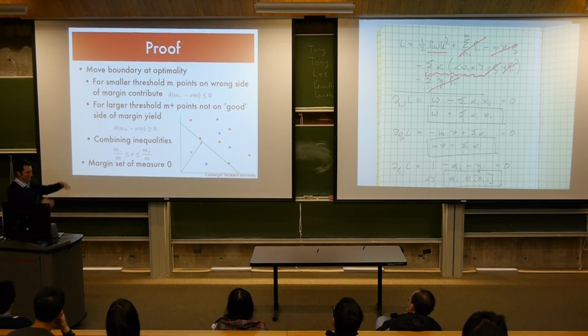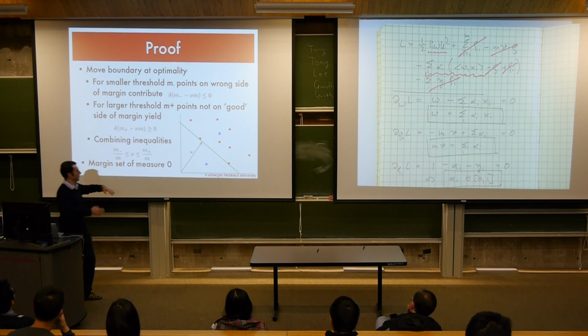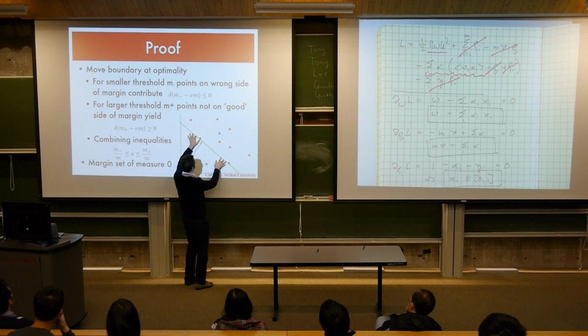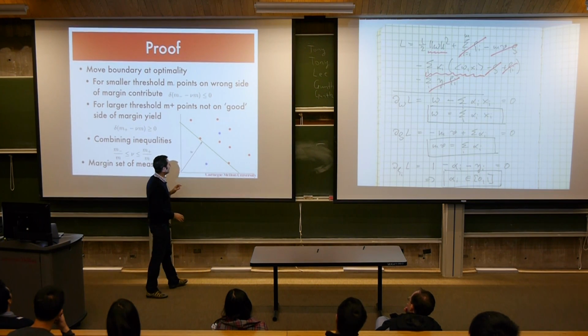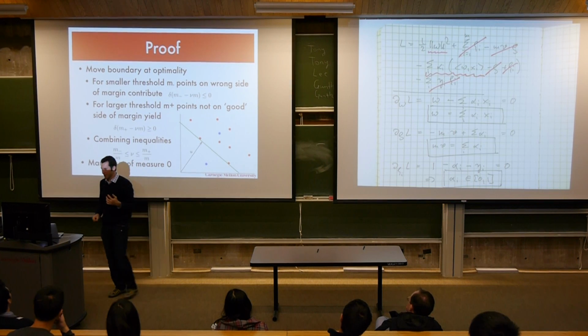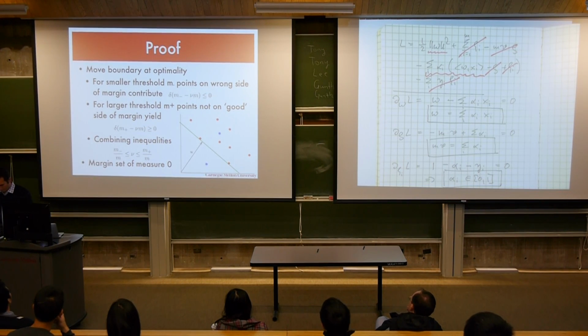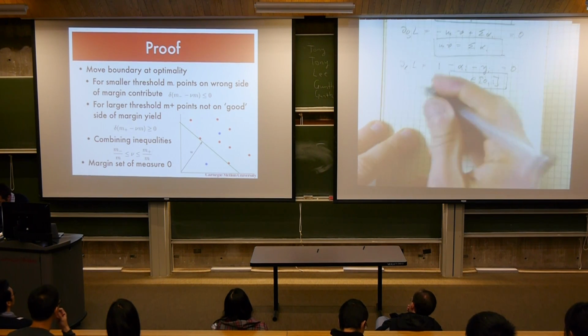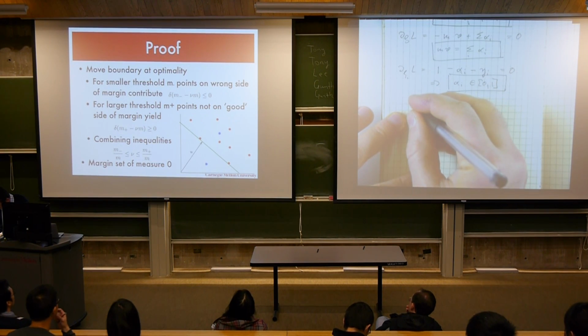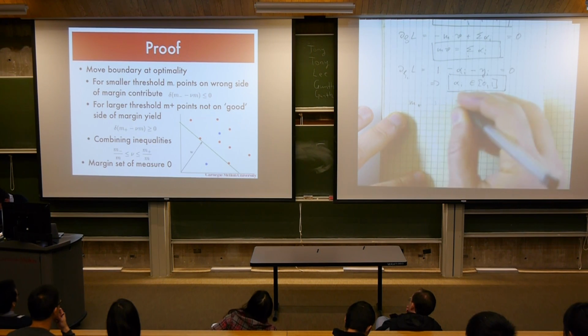I'm going to sit at the optimal solution and then I say, well, what if I moved that plane a little bit to the right, and what if I moved that plane a little bit to the left? Okay. So I have three sets of points. I have the m plus, which are not novel.